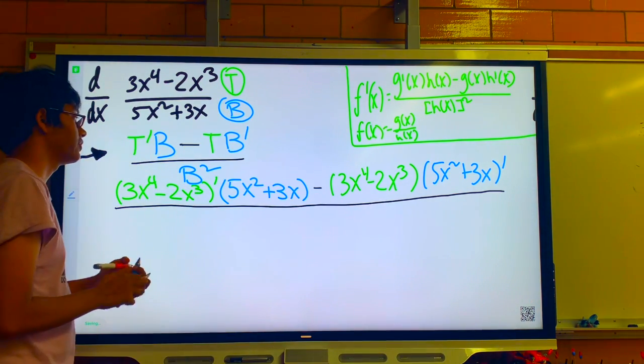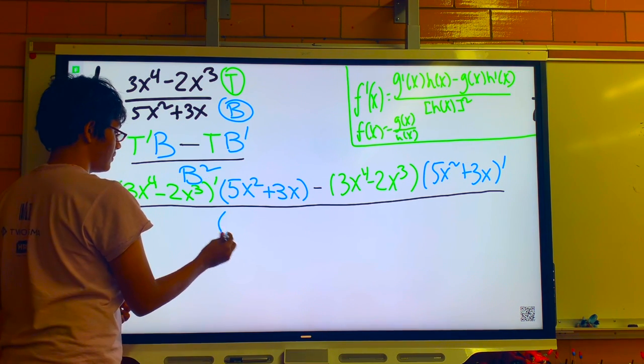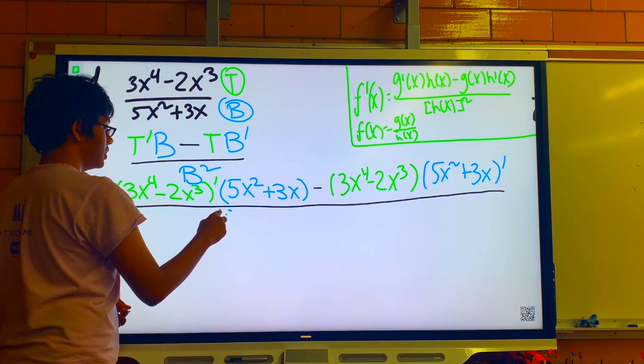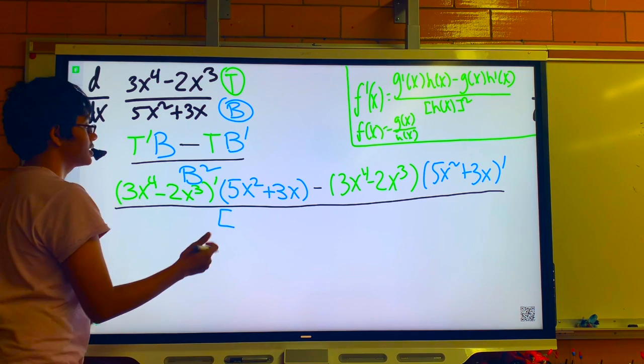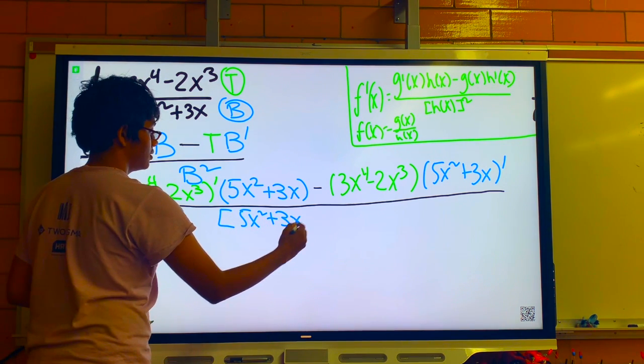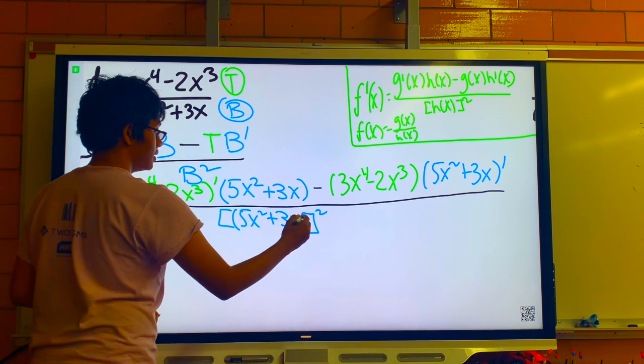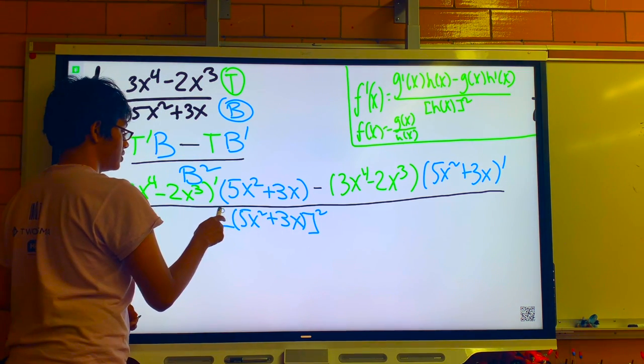Okay, so what is the bottom function squared? The bottom function squared is simply going to be 5x squared plus 3x, squared. Right? That's all the bottom function is.